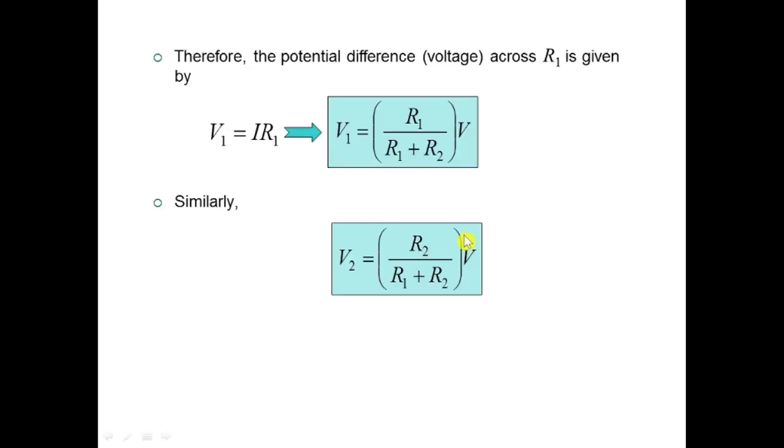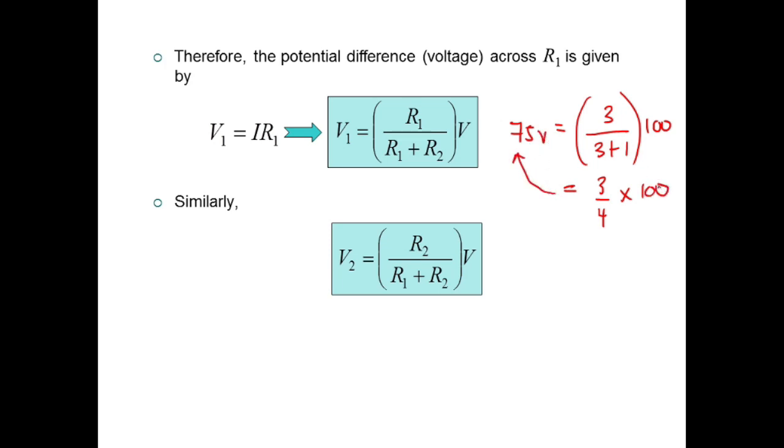By this formula, R1 is 3, so 3 over 3 plus 1, which is 3/4, multiplied by 100 equals 75 volts. So it is just a matter of ratio and percentage.